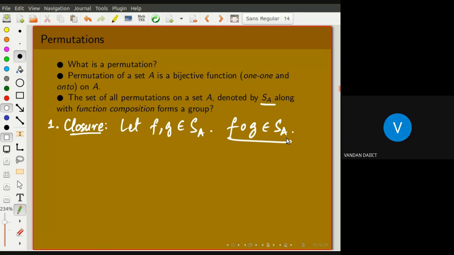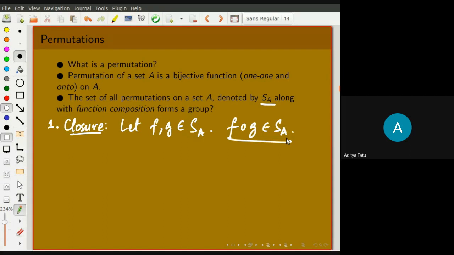f∘g is also a function. If you compose 2 functions, you will of course get a function, but f∘g is also a permutation. So the function f is a representation of a permutation, right? And what sort of functions are permutations?